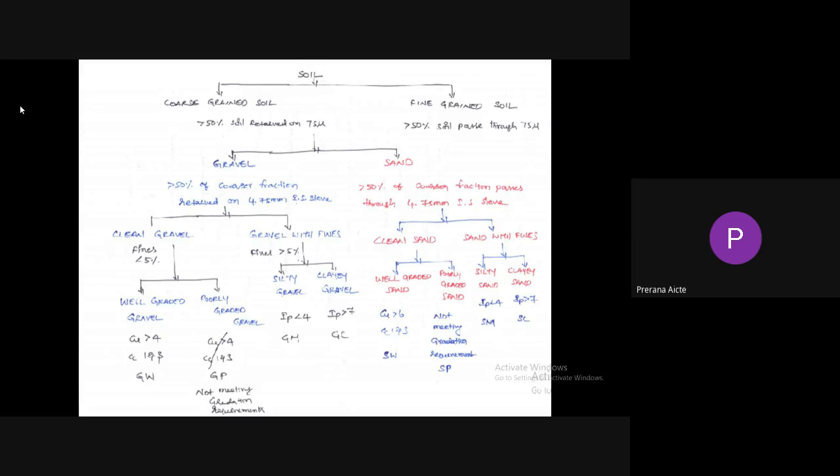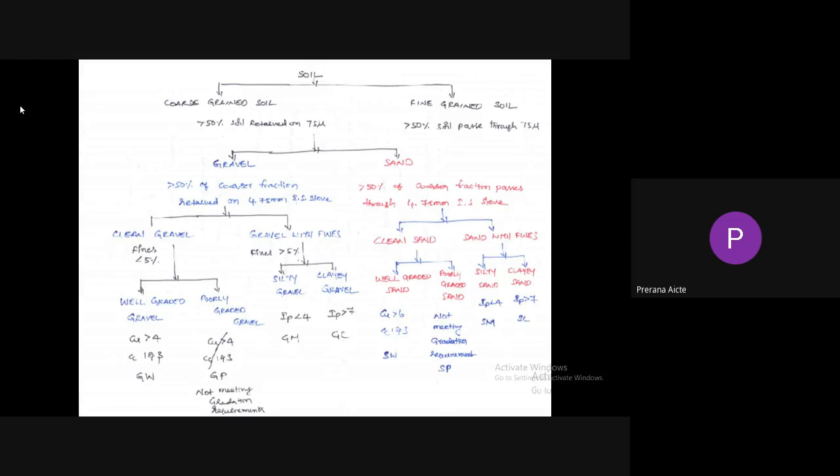If more than 50% of the coarser fraction, here coarser fraction means the soil retained on the 75 micron IS sieve, and let us imagine it is 700 grams, is retained on the 4.75 mm IS sieve, then it is called gravel.